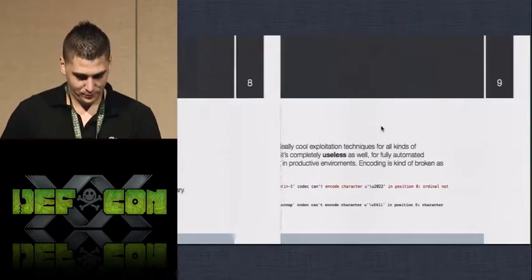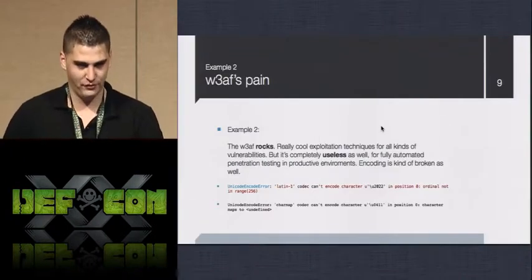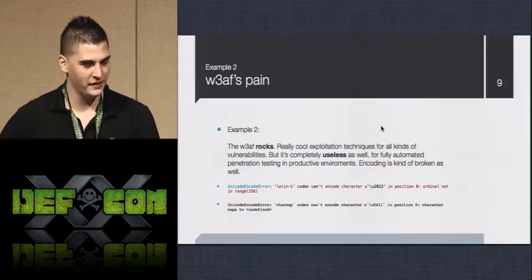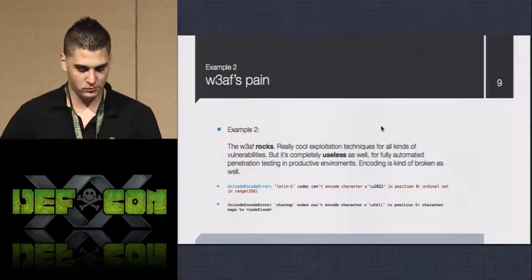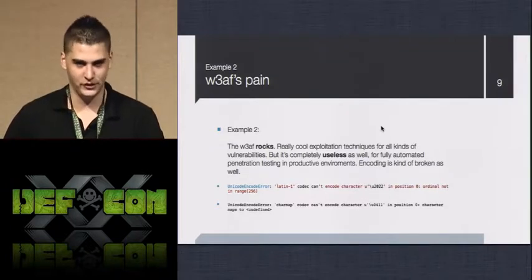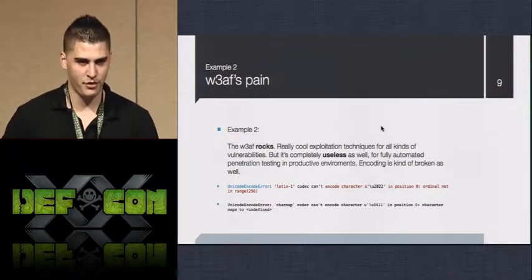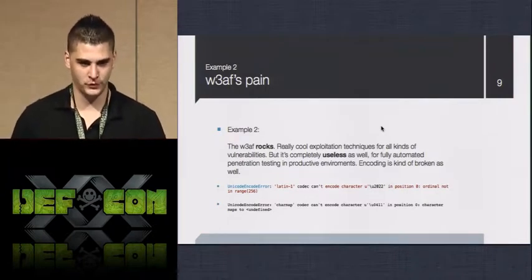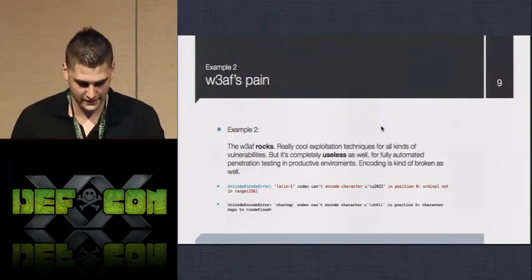And a second example for that problem is the W3F. Perfectly modular, it's Python code, really cool plugins, really cool stuff. But the core of the W3F is an HTTP library. In fact, it's just urllib from Python with an additional security layer. So it's the same problem in the very end.